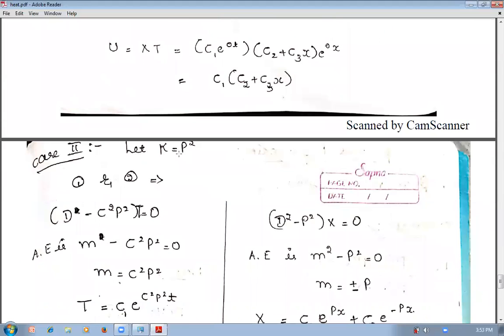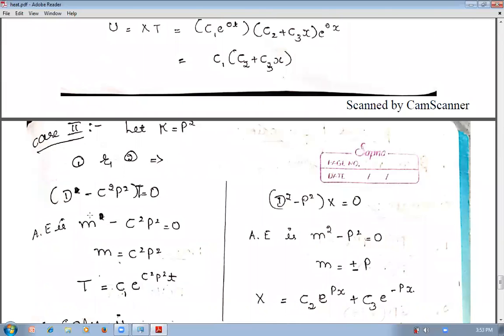Next, case 2, put k = p². Equations 1 and 2 imply (D - c²p²)T = 0, not D², this is the heat equation. Here (D² - p²)X = 0. The auxiliary equation is m - c²p² = 0, so m = c²p². This is the auxiliary equation with a single root, that is a real root.